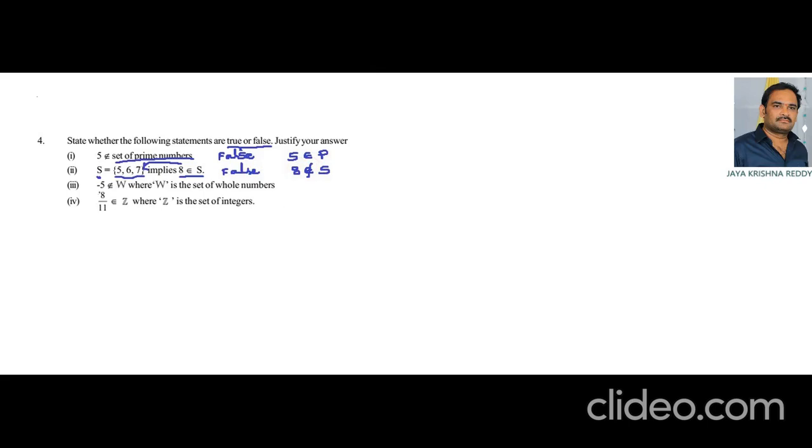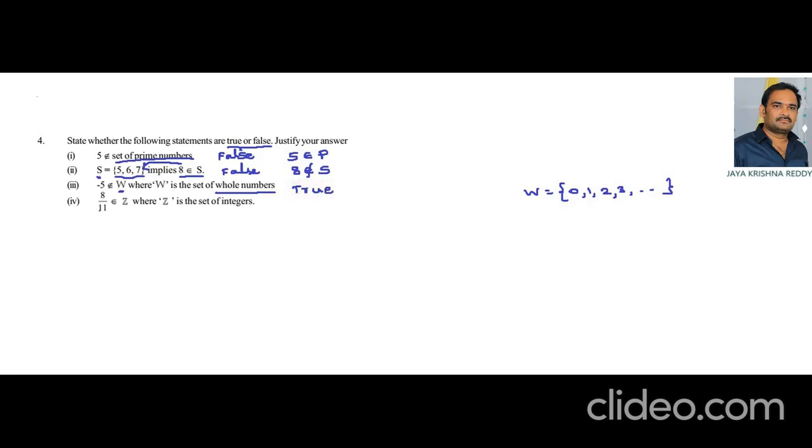Third one, minus 5 does not belong to W. W means it is a set of whole numbers. Minus 5 does not belong to whole numbers. Whole numbers means the elements start from 0, 1, 2, 3, 4 and so on. So minus 5 does not belong to whole numbers. So this is true.